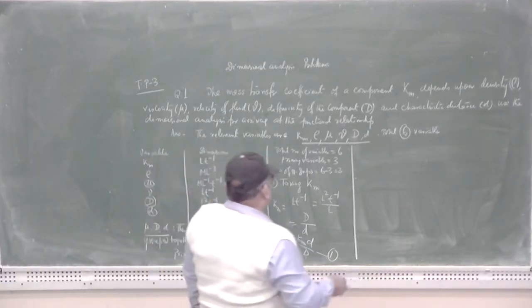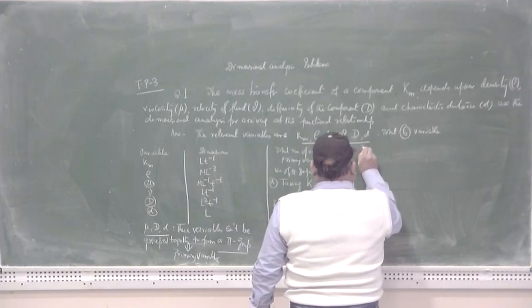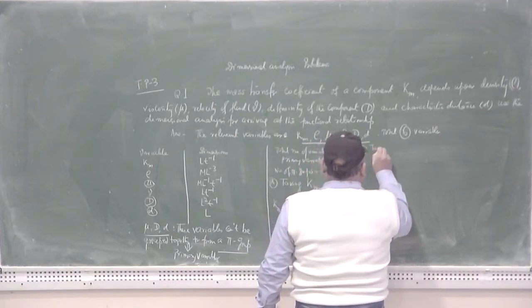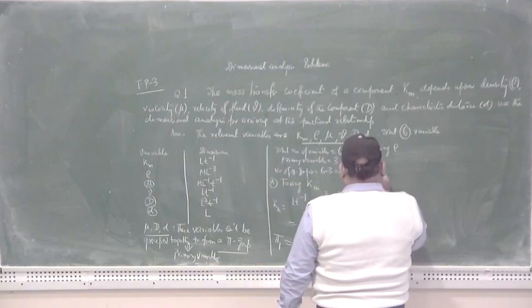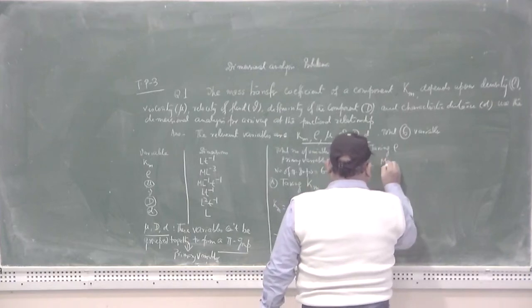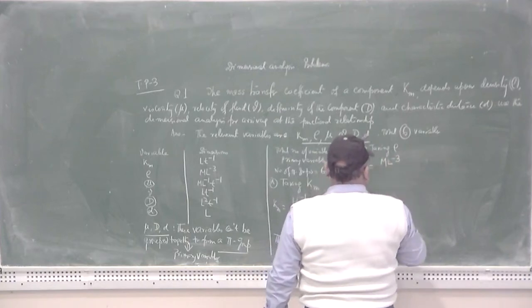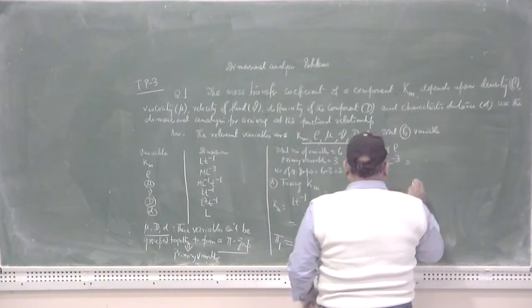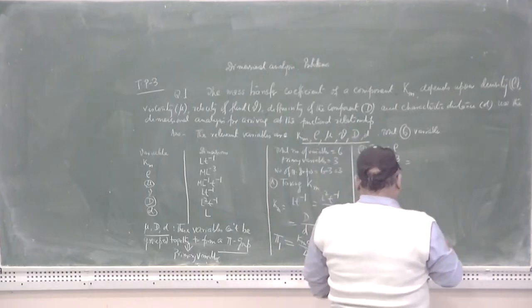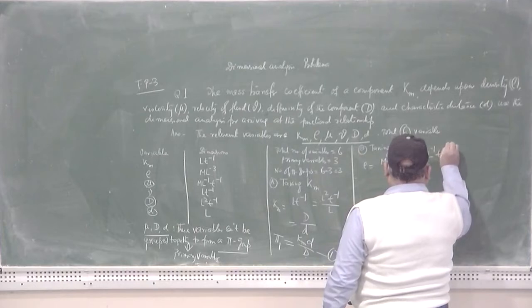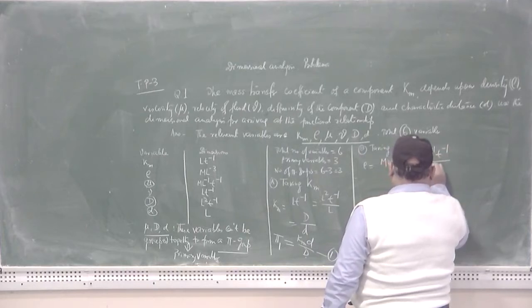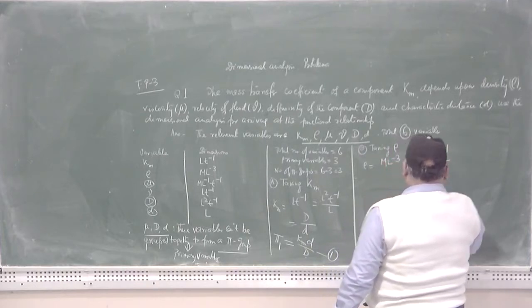Now, taking the second variable, rho. Now, rho has the dimension M L raised to the power minus 3. It can be written as M L raised to the power minus 1 t raised to the power minus 1 divided by L square t to the power minus 1.